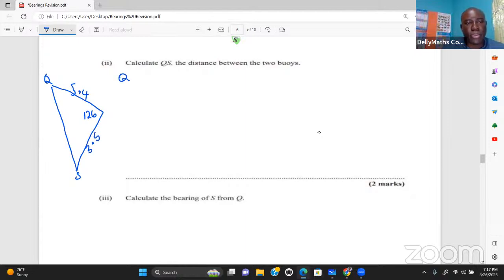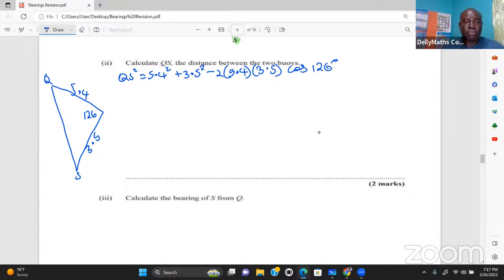So we were saying that QS squared is 5.4 squared plus 3.5 squared minus 2 times 5.4 times 3.5 times the cos of 126.